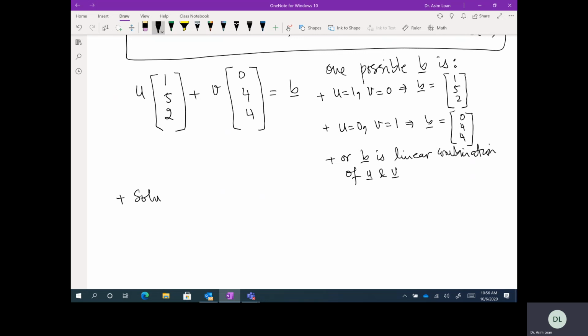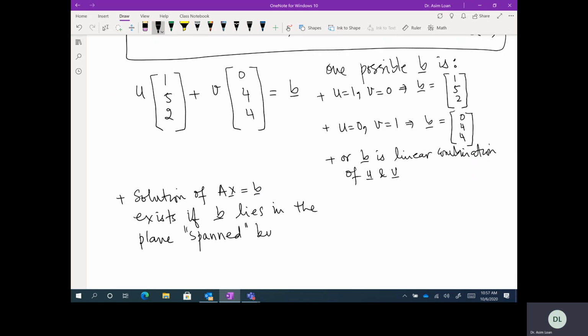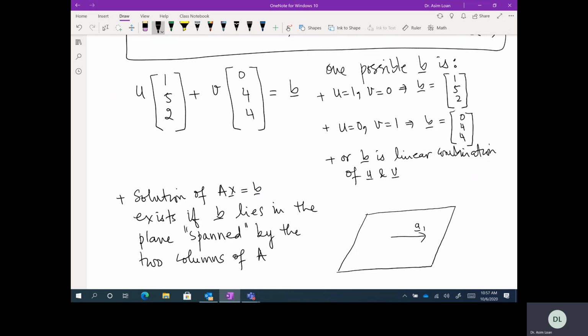So a solution of AX equals B exists if B lies in the plane spanned, or generated, by the two columns of A. Which simply means, if I draw this picture, this is A1, column 1, this is some A2, and suppose B is somewhere over here.